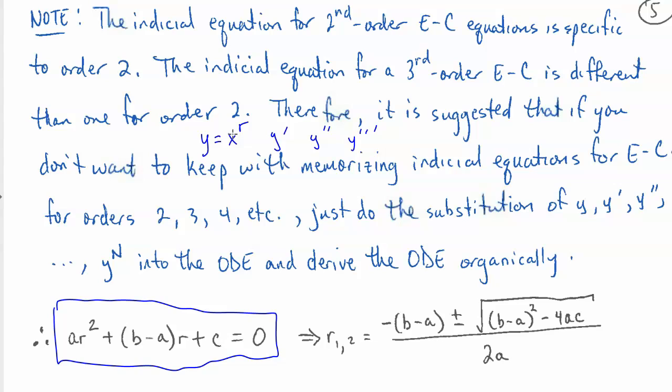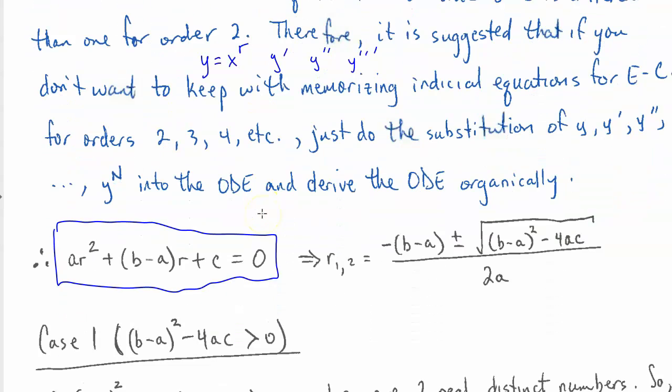Normally, if we have to deal with a third, fourth, or fifth order Euler-Cauchy, instead of trying to remember the fifth order indicial equation, we just take all the derivatives, dump everything into the ODE, and work it out. That's more efficient than trying to remember the fifth order Euler-Cauchy indicial equation. Okay.